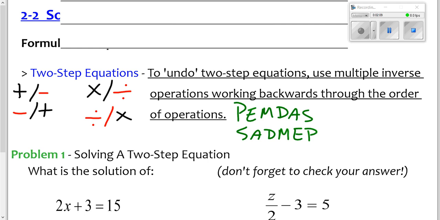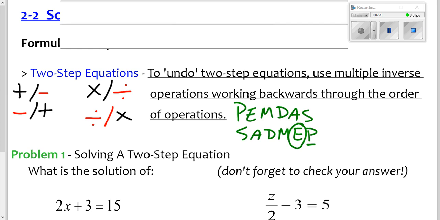The first thing we're going to look for is to do either subtraction or addition, depending on what comes first. And then we're going to look to do division or multiplication, whichever comes first. Okay. We sometimes have to deal with parentheses. Later on in math, you'll have to deal with exponents, but we're not going to go there right now, okay?